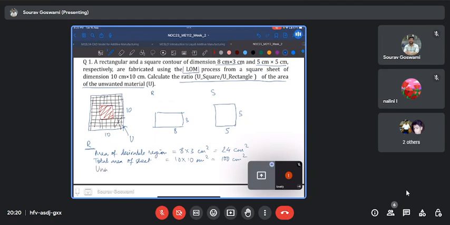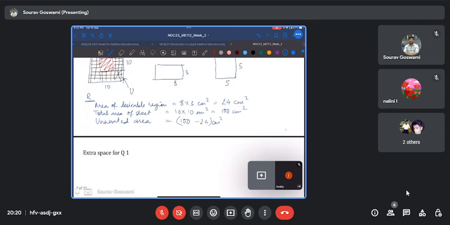So the unwanted area is actually total minus useful area, which comes out to be 76.